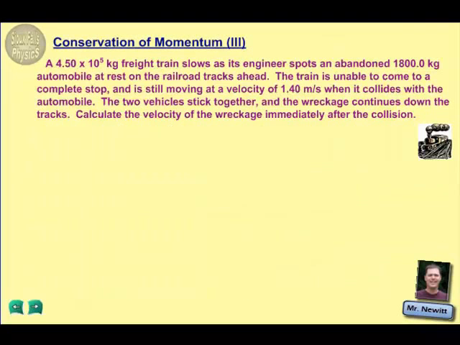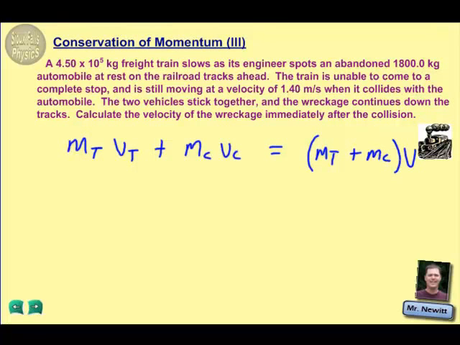All right, so this is still a conservation of momentum problem. So what we're going to look at again is the mass of the train times the velocity of the train plus the mass of the car times the velocity of the car is going to equal, now remember this is an inelastic collision, so they're going to stick together at the end. So we're going to have really the mass of the train plus the mass of the car multiplied by some new velocity.